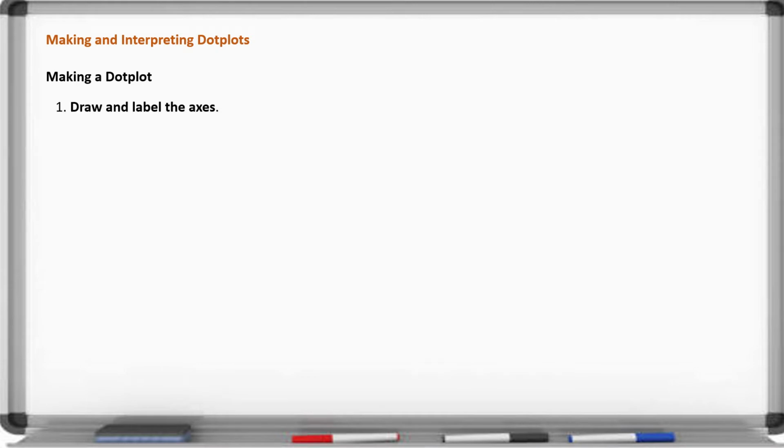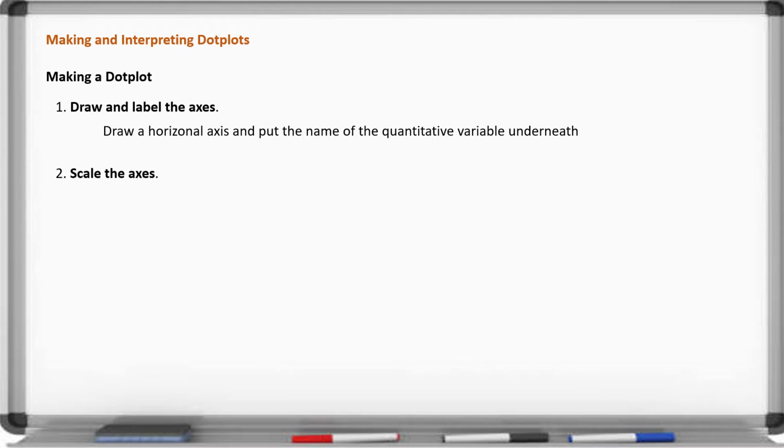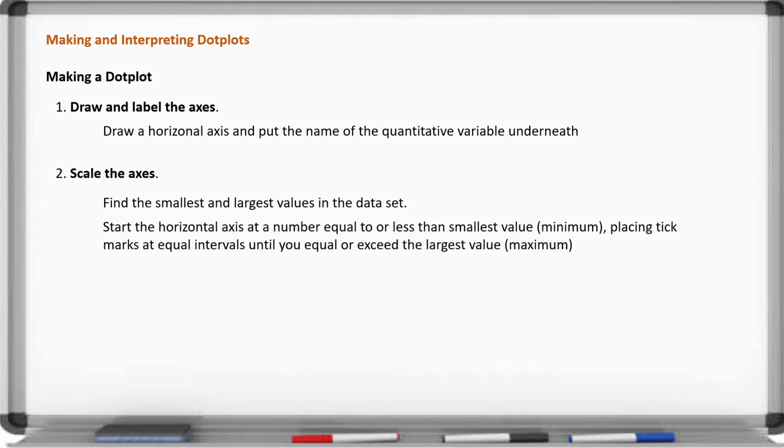So how do we make one? Well, it's pretty simple. You're just going to draw and label the axes first. You're going to draw the horizontal axis and put the name of the quantitative variable underneath. So in our previous example, it was the number of siblings. You're going to scale the axes: find the smallest and largest values in the data set, and then start at a number equal to or less than the minimum value, and then make equal intervals until you exceed or equal the maximum value.